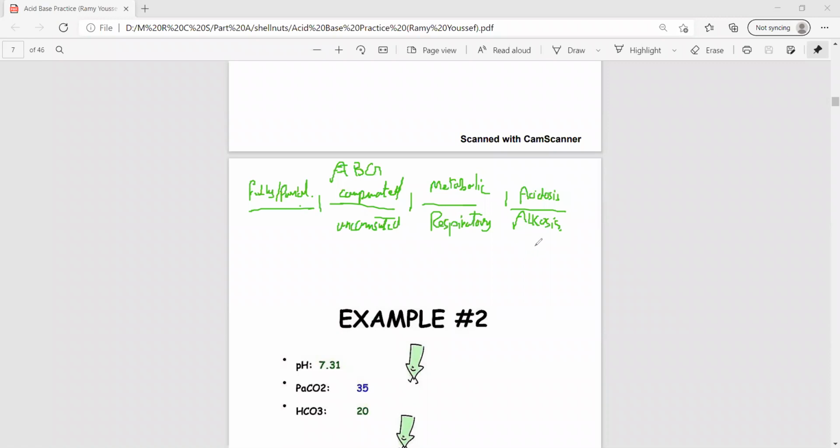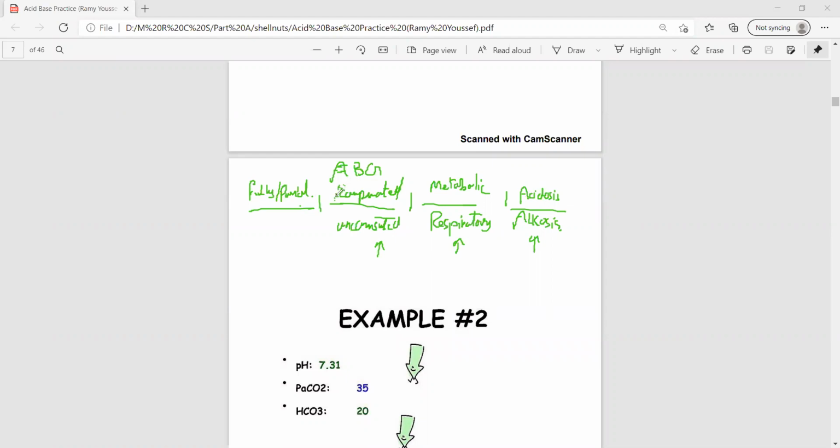First of all, you have to determine the pH, and then go back to determine whether the problem is in the CO2 or HCO3, and then go to the other parameter to know if it is normal or abnormal. If it is normal, it is uncompensated, but if it is abnormal, there is compensation.